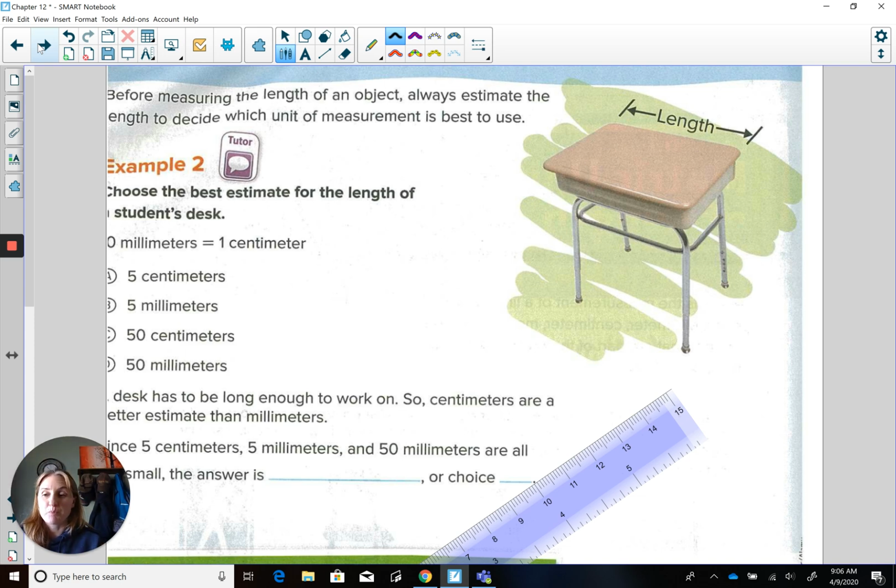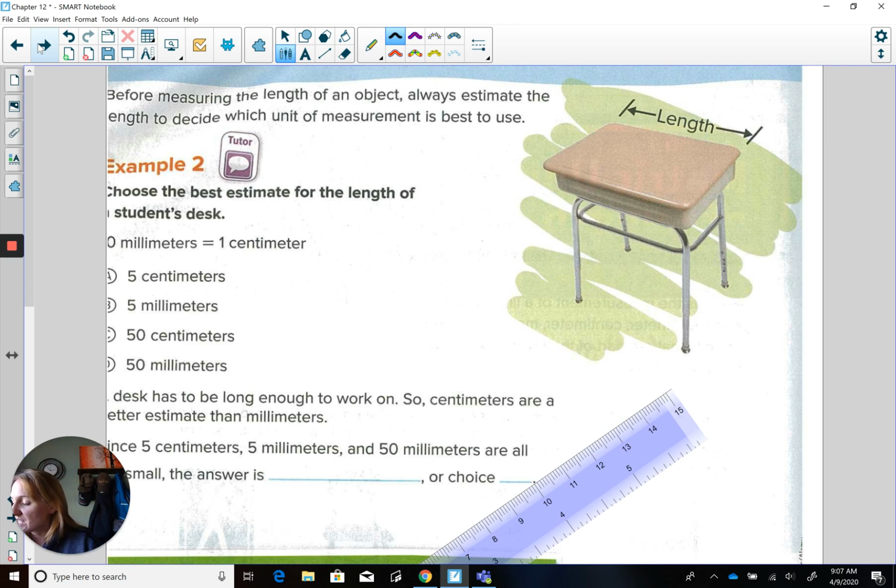We don't just use a ruler that has centimeters and measure everything in our world in centimeters, because some things are too large and some things are just too small for that tool to use.